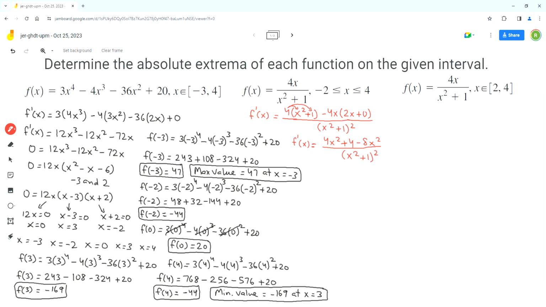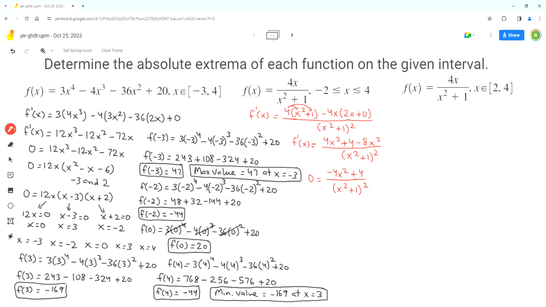Now we can set the derivative equal to 0 because we have to find the x values at which the tangent is horizontal. And in the numerator, we can combine the x squared terms, so we get negative 4x squared, because 4x squared minus 8x squared is negative 4x squared, plus 4 over x squared plus 1.